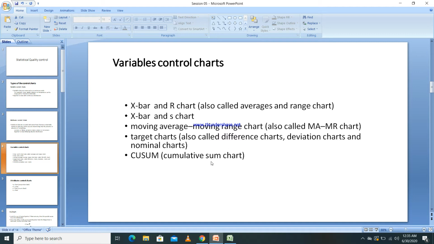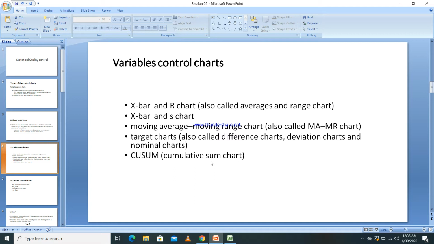Then you have the moving average and moving range charts, known as MAMR charts, and then we have the target charts. These target charts are also called difference charts, deviation charts, and nominal charts. And then you have QSUM charts, that is, the cumulative sum chart.